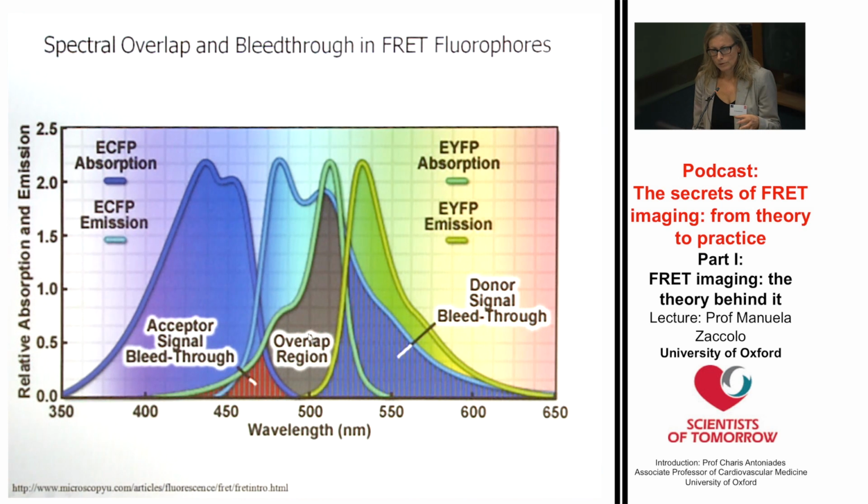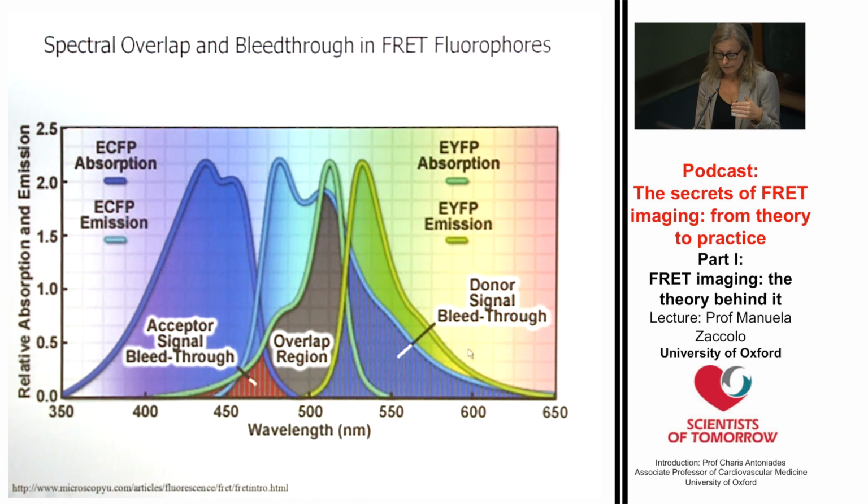Because the fluorescent proteins derived from GFP have quite broad absorbance and emission spectra, the spectral overlap comes with a price. The price is that there is a degree of overlap between the excitation spectra of the donor and the acceptor, highlighted here in red, which means that as you excite the donor CFP, you also, to some extent, directly excite the acceptor.